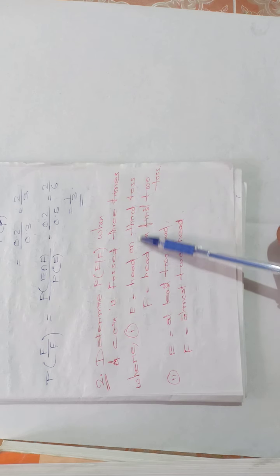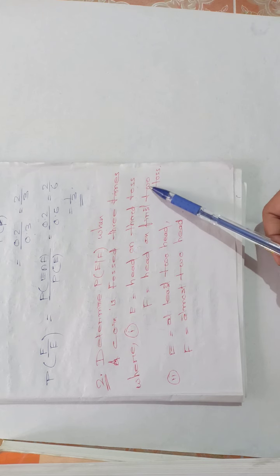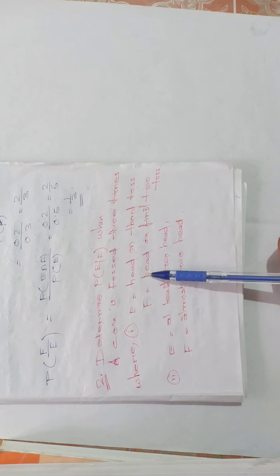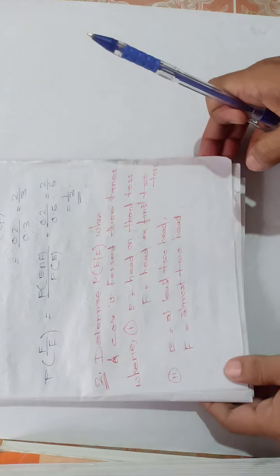In the first question, E is the event head on the third toss and F is the event head on the first 2 tosses. Here we have to find P(E/F), that is, F has already occurred and we have to find the probability of E. Now the second question is: E is at least 2 heads and F is at most 2 heads. So let us start with the first one.